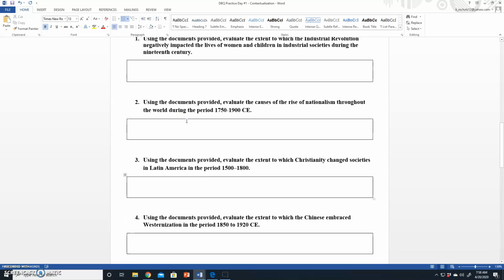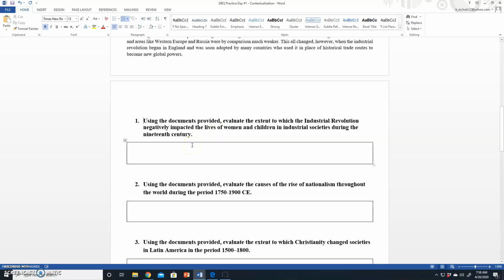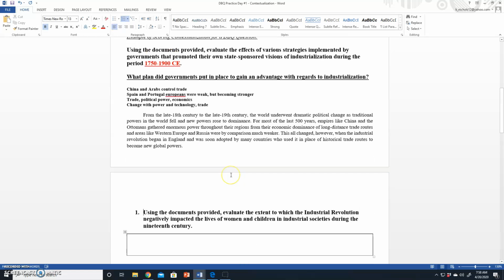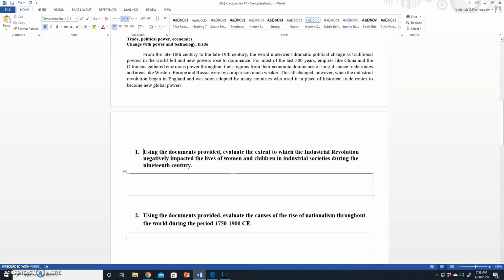Maybe I know something about this time period more than another one. So just make sure you write a contextualization for at least 2 of these. Then you can take a picture of it. You can type it up. I'm going to make everybody a copy of this so that they can have it. Anyways, there it is. Good luck.